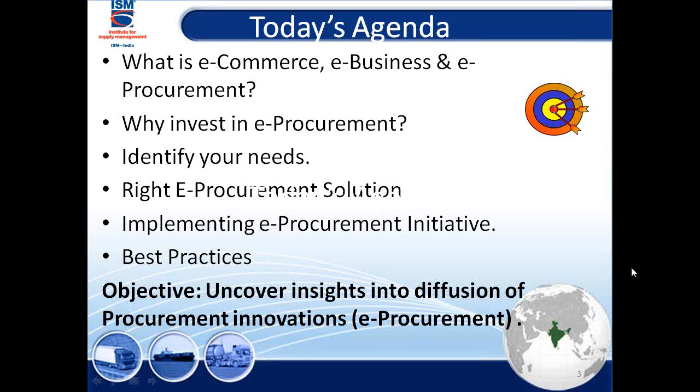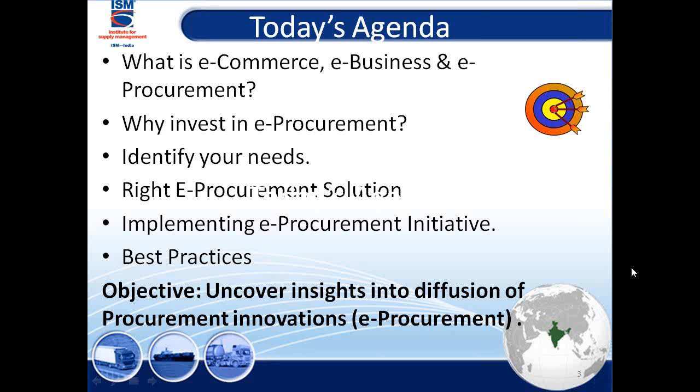The next thing is the right e-procurement solution. There are many choices available in the market, identifying the right one. The next thing is implementing the e-procurement initiative. You have the ideas, you want to bring e-procurement in your system, but how do I implement it?